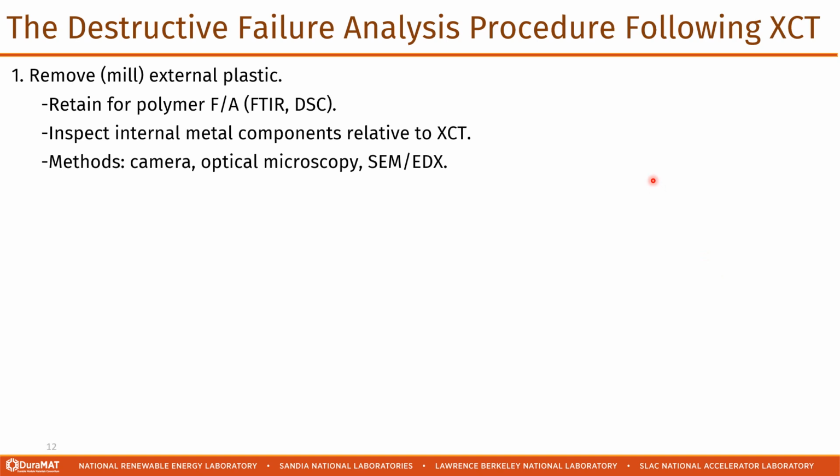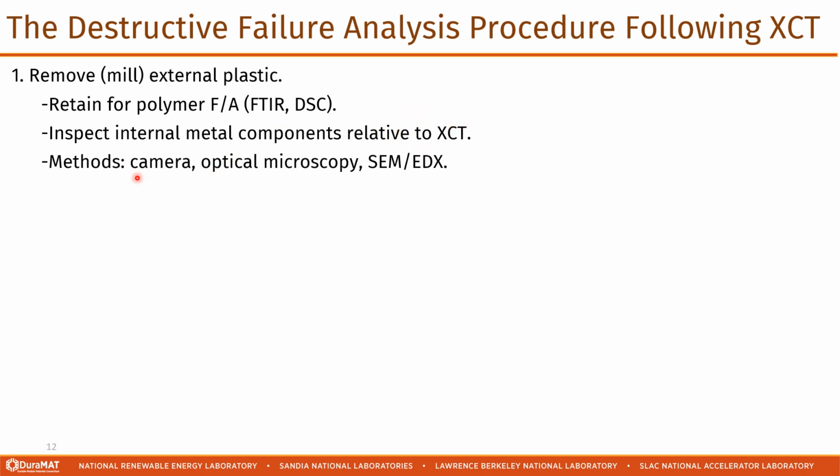I've shown some of the non-destructive failure analysis, the X-ray. The next step would be to mill the external plastic. And when we do that, we save the polymer for examinations. But the goal here is to be able to inspect the metal components, which may show additional degradation that you can or can't see in the XCT.